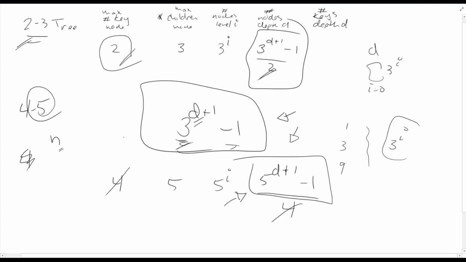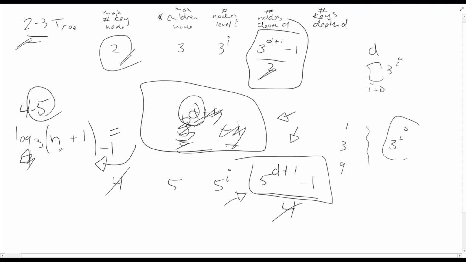I can take n is equal to this, do a plus 1 on each side, take a log of each side, log base 3 if I want to get rid of this. That gave me the D plus 1, do a minus 1 on each side, that gives me that. That's telling me my D is equal to log base 3 of n plus 1. Ignore my minus 1. Maybe we could ignore the plus 1 if we want to.